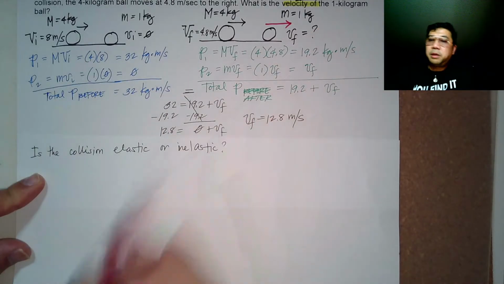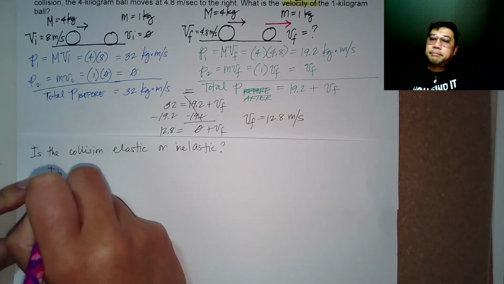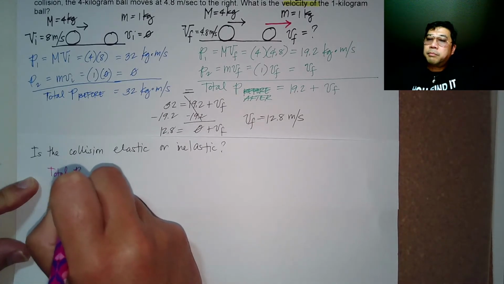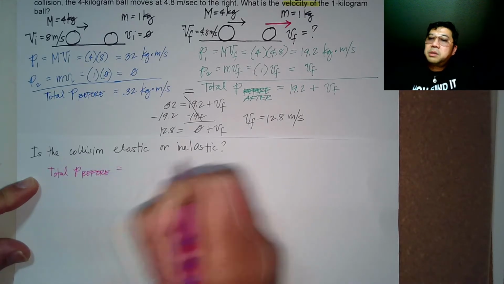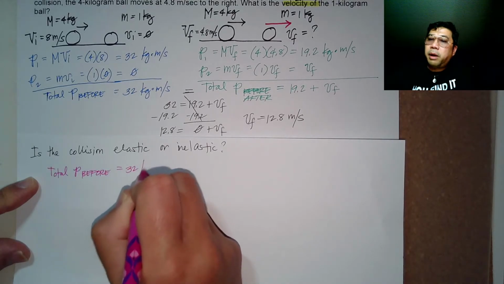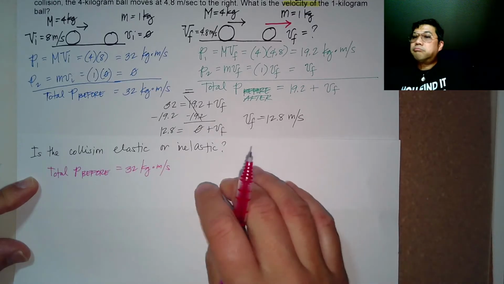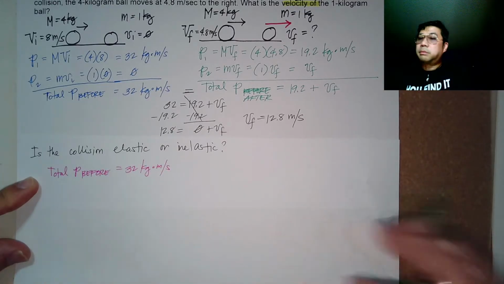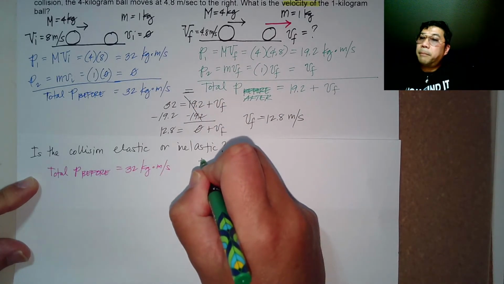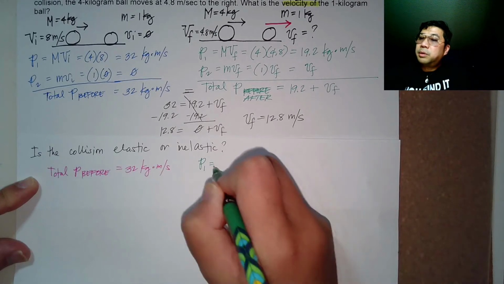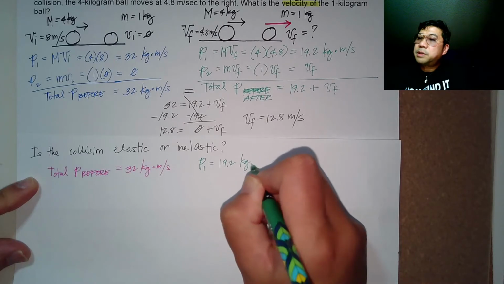So from the previous calculation, the total momentum before is 32 kilogram meters per second. And for the second one, what is the total momentum after collision? So we have 19.2 kilogram meters per second.